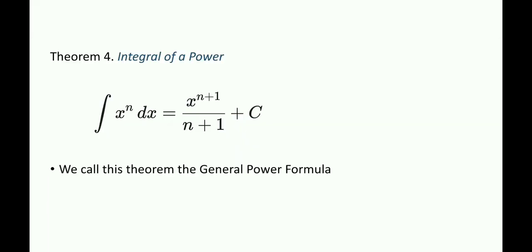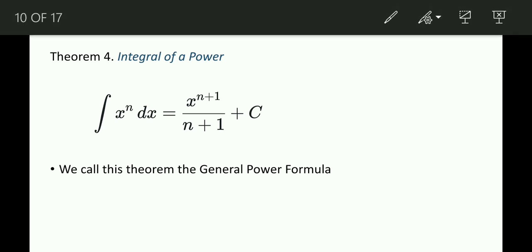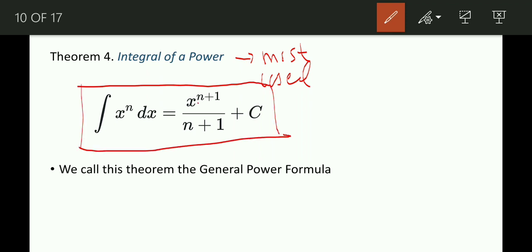Now let's proceed to the fourth theorem, which is the integral of a power, or the general power rule. This is the most commonly used theorem. The formula is, the integral of x to the n dx is equal to x raised to the power of n plus 1 divided by n plus 1, plus c.